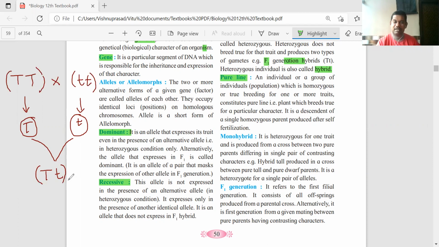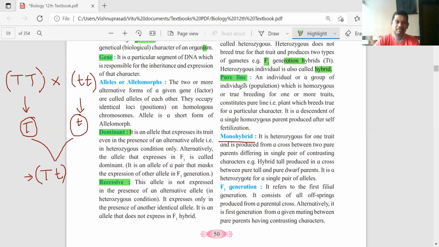Here we have considered only one character, the height of the individual, two traits, tall and dwarf, and we have crossed them. So you have gotten a hybrid offspring. Such a cross or such an organism is called a monohybrid. Mono means single. That means it is heterozygous for a single pair of alleles. Then it is called monohybrid.